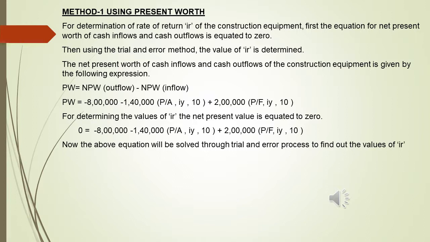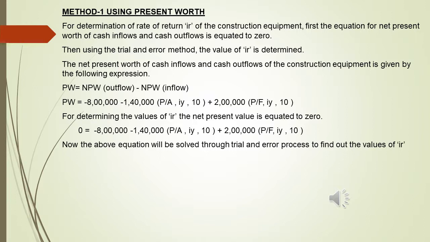Okay, the net present worth of the cash inflows and cash outflows of the construction equipment is given by the following equation. See, NPW is equal to PW of outflow minus PW of inflow. So PW is minus 8 lakhs minus 1,40,000 into P by A, i%, 10 plus 2 lakh into P by F, i%, 10.